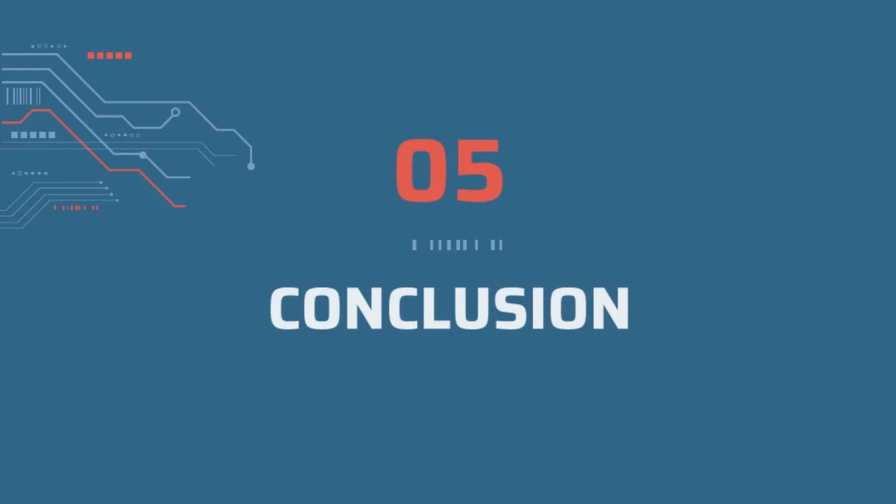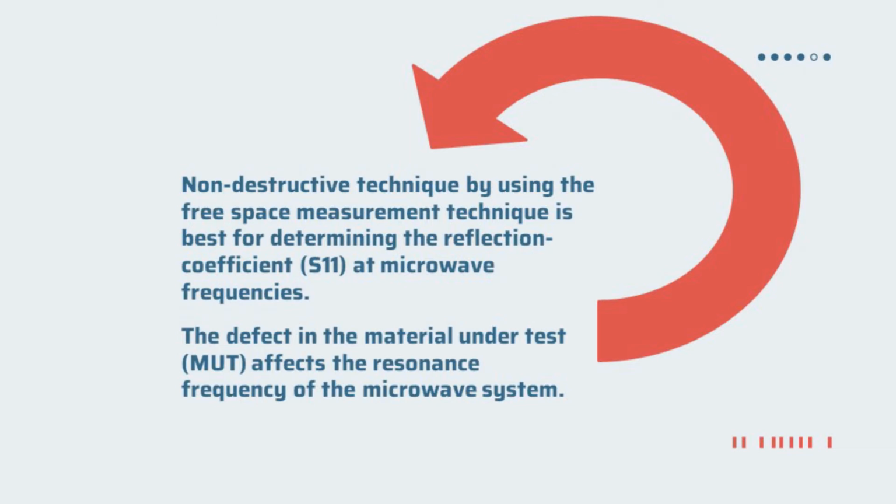In conclusion, the non-destructive technique using the free space measurement technique is best for determining the reflection coefficient S11 at microwave frequencies. The defect in the material under test affects the resonant frequency of the microwave system.